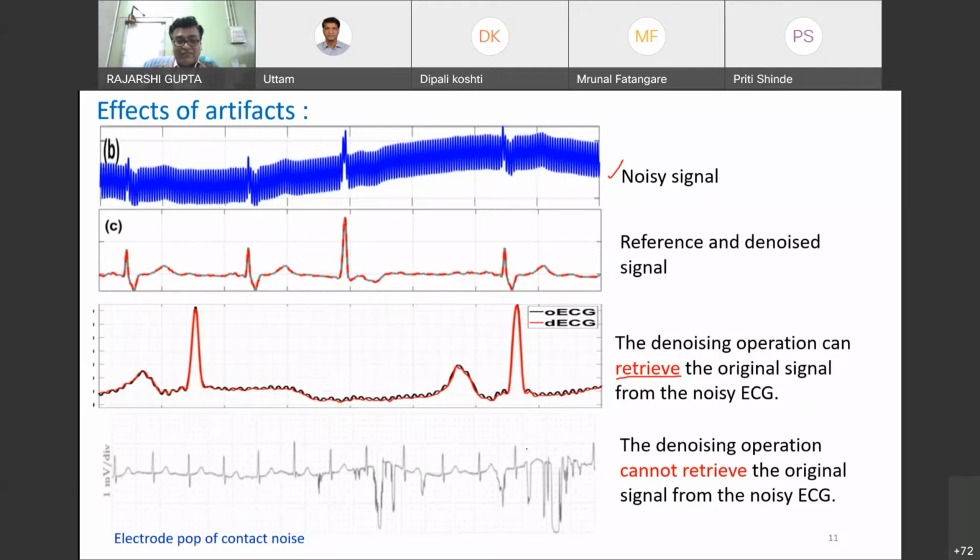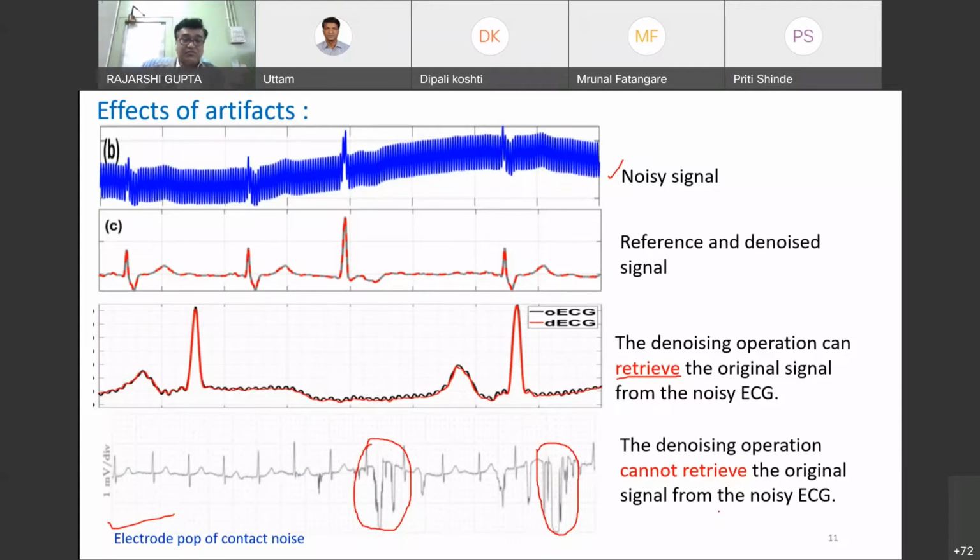Where we have loose contact, that is indicated by this electrode pop or contact noise. So that means the electrodes have become loose from the skin, and as a result, especially during this segment and these segments, it has become corrupted.